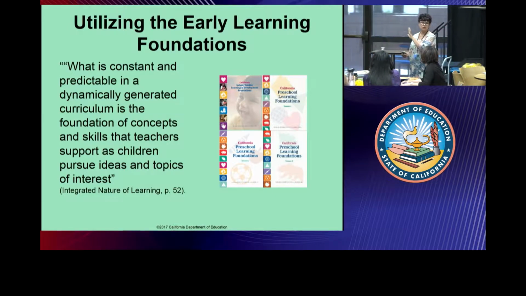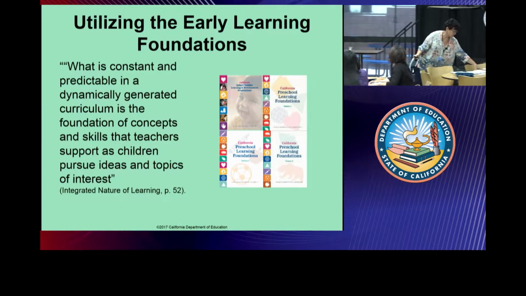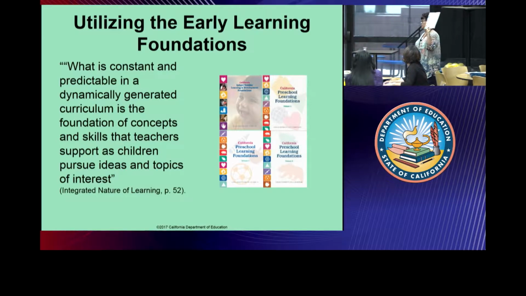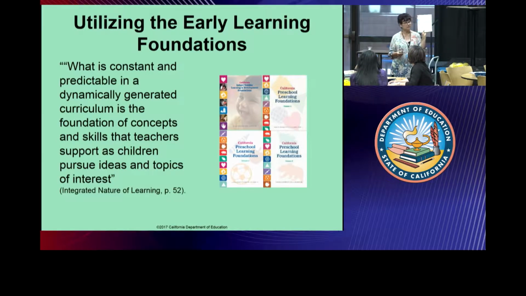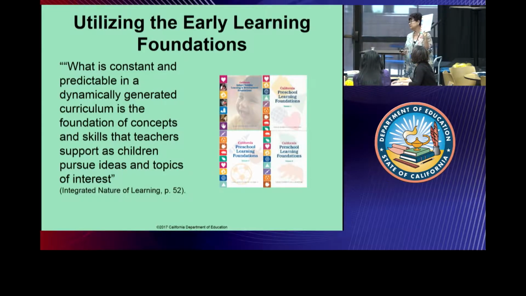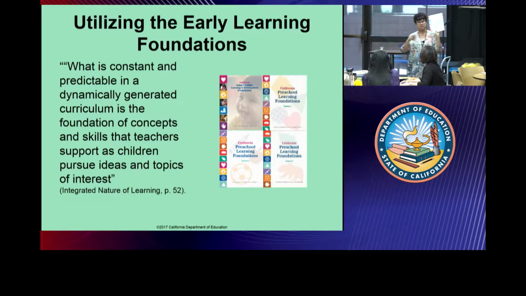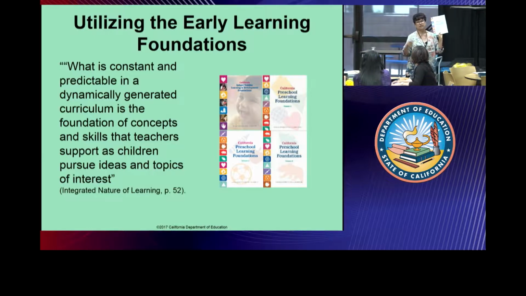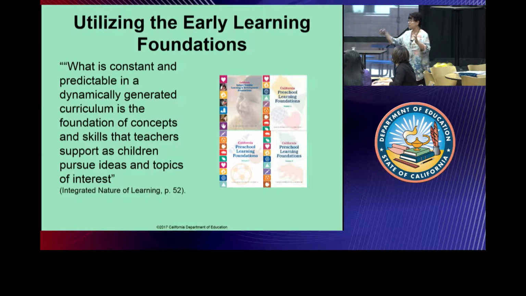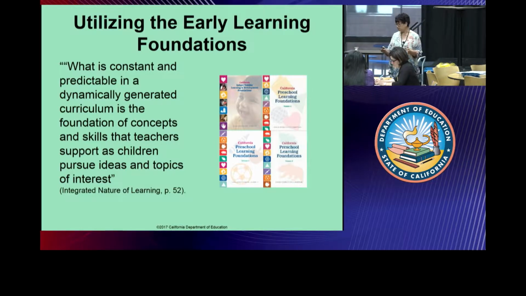The foundations and the frameworks tell us what a typical child can do at around what months? 3, 18, 36, 48, and 60 months. So they describe to us in a constant continuum what they are able to do. So if we are familiar with this, we're going to be able to support the children.